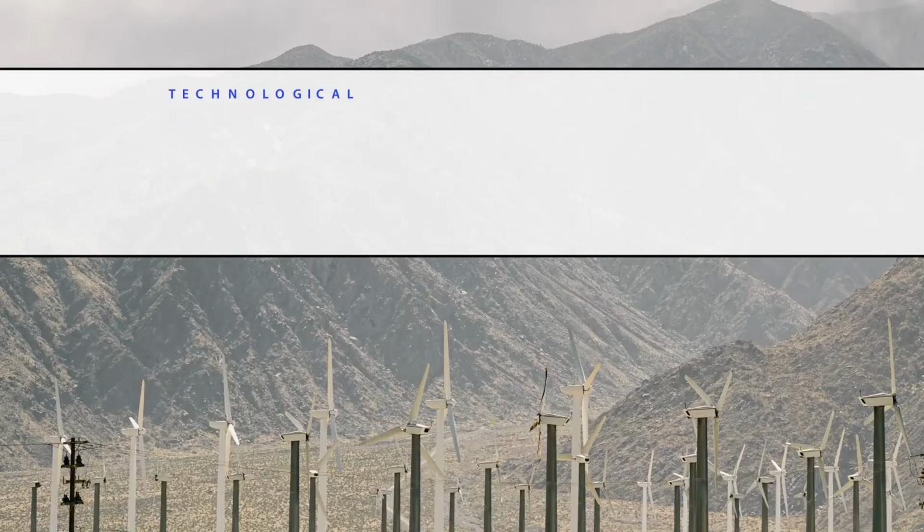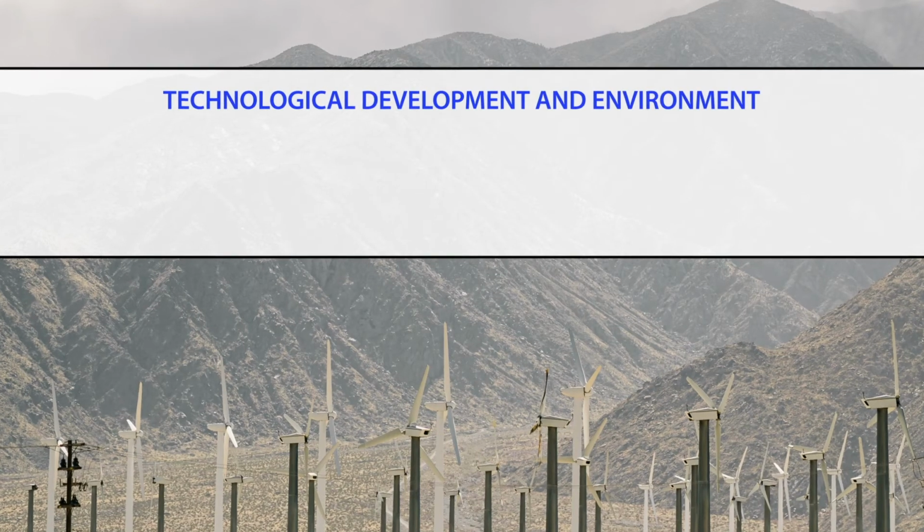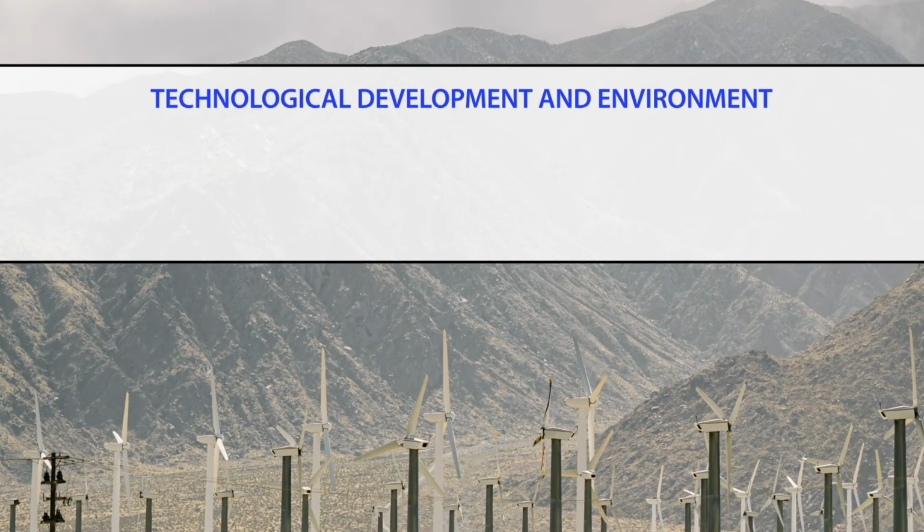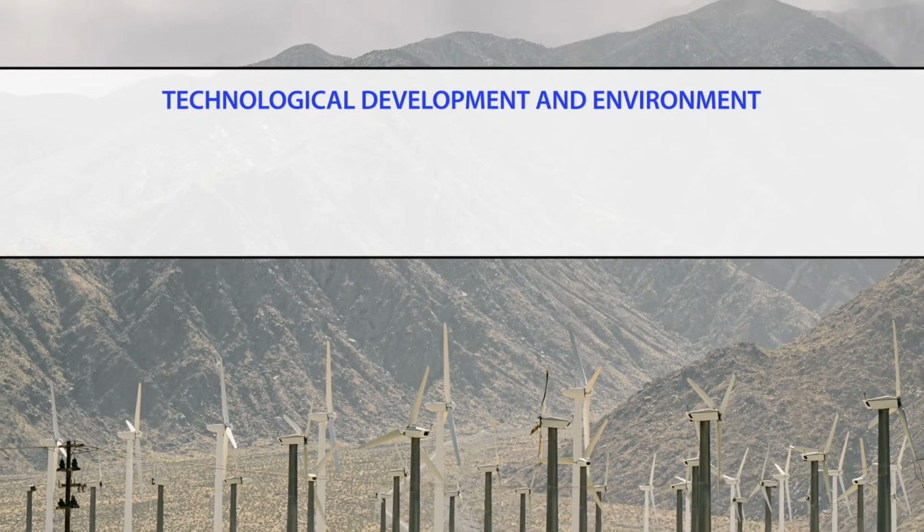Such technologies should be preferred over the single use technologies, as they are more environment friendly and optimal to use. Now, let us see how this technological development has impacted the environment.